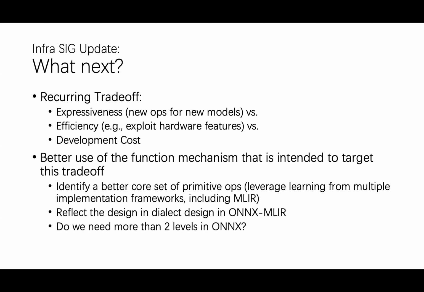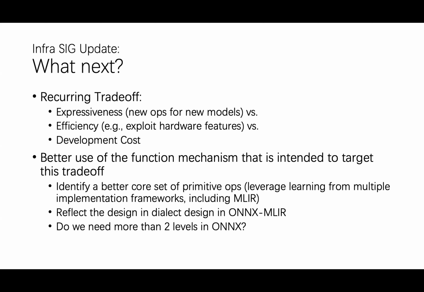And we would like to leverage the learning from many implementation frameworks, including ongoing work in the MLIR space in compiling models down to hardware. And this is also related to the ongoing work on MLIR.